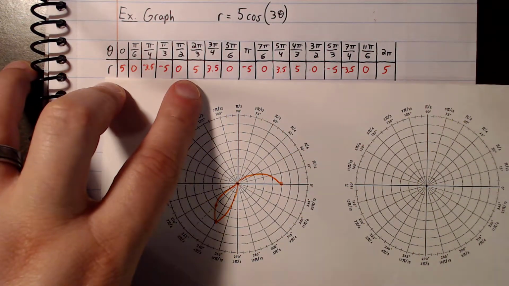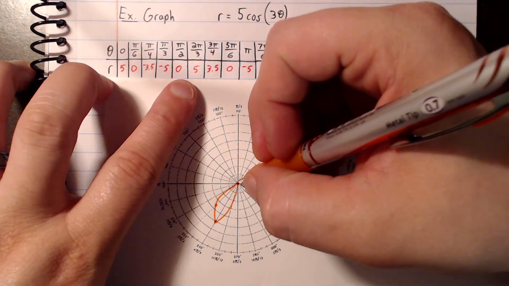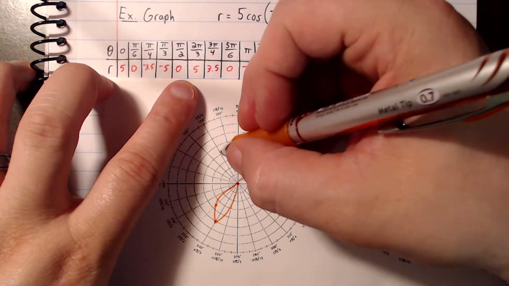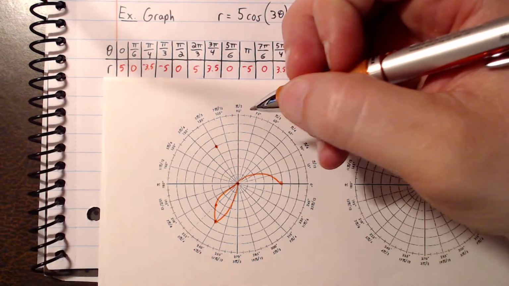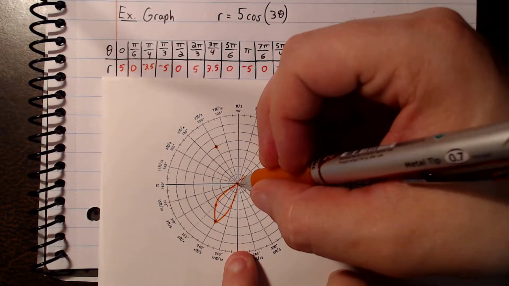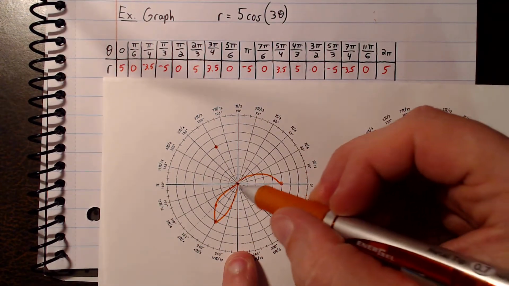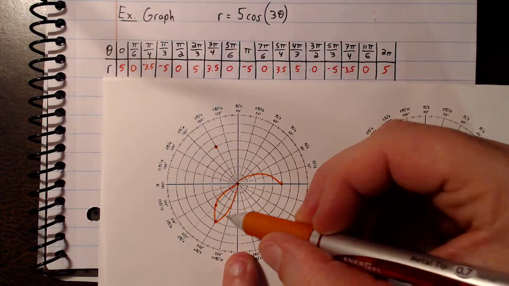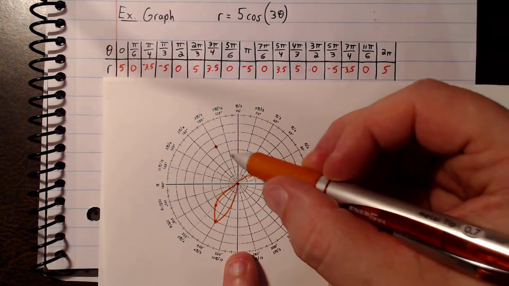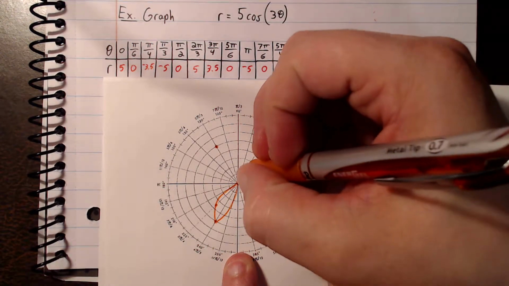Then at 2 pi over 3, we're at 5. So let's see, 2 pi over 3, we're at 5. Okay, so let's see. We know the general idea. This thing's going like this. Now it's coming back. So it's going to be swooping around just like this.